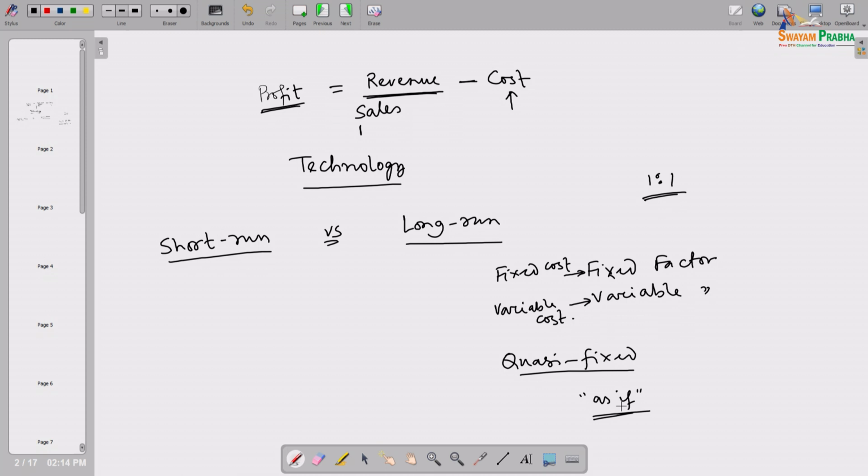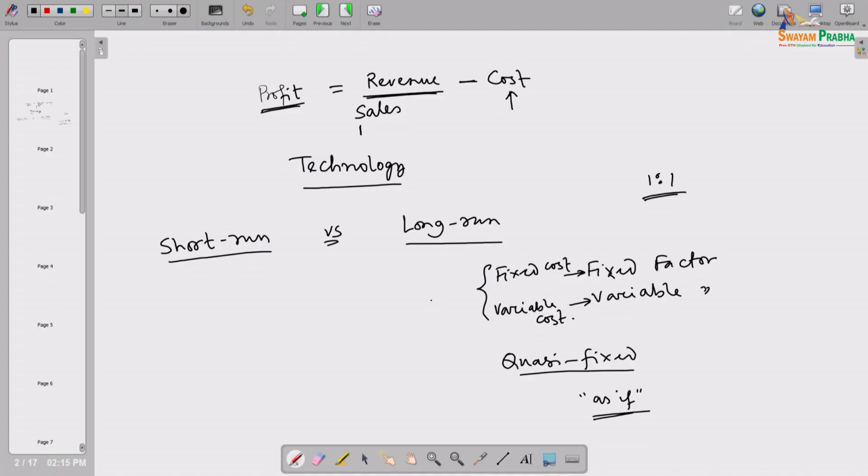So, certain factors are there which apparently look like they are fixed factors, but they can be variable also. Let me give an example that will be very helpful for you to understand which factors are called quasi fixed factors.